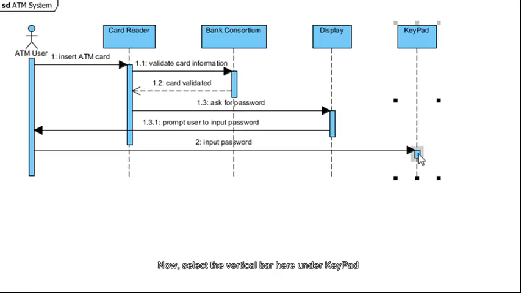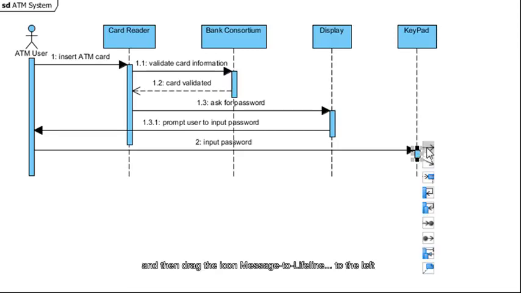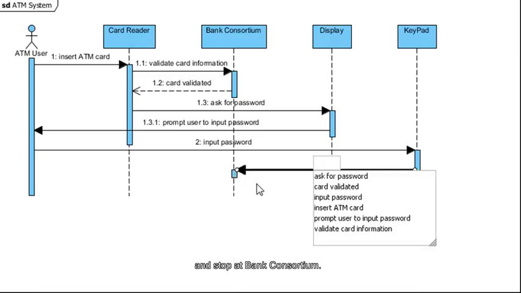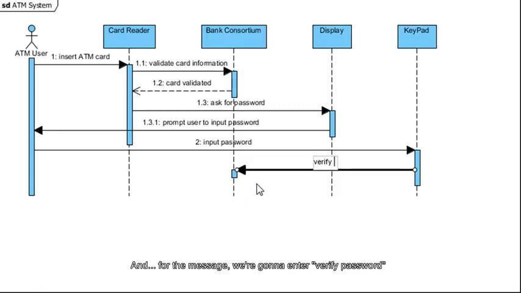Now select the vertical bar here under keypad, and then drag the icon message to lifeline to the left, pass display, and stop at Bank Consortium. And for the message we're going to enter verify password. Press enter.